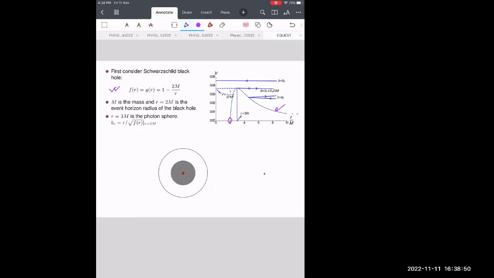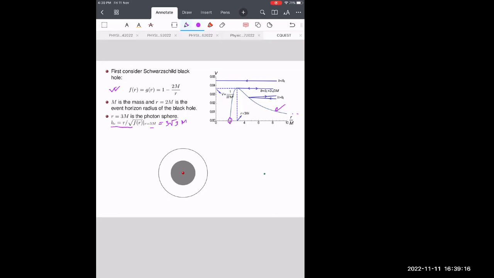It has a maximum at r equal to 3M. This maximum corresponds to an unstable photon orbit, and we call it the photon sphere. The corresponding impact parameter is given by this expression, which for the Schwarzschild black hole is 3√3 M.